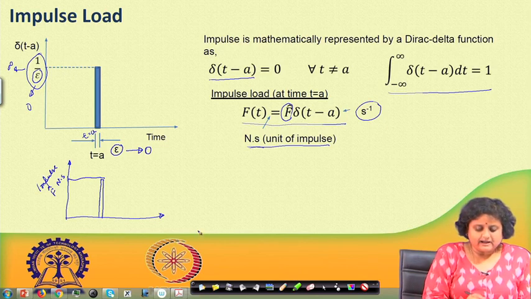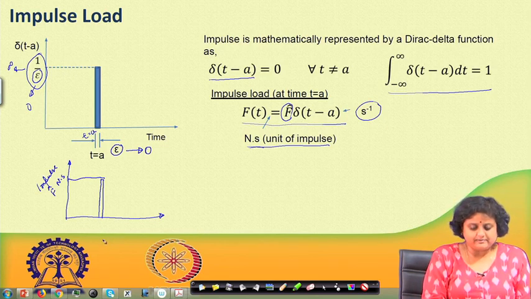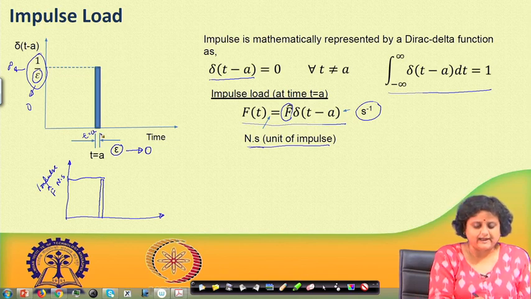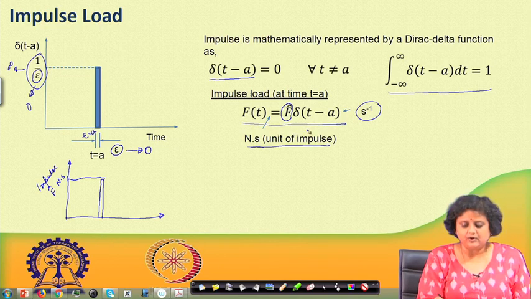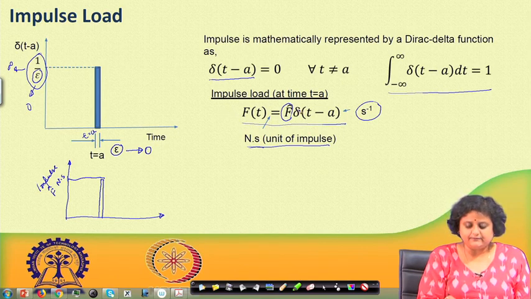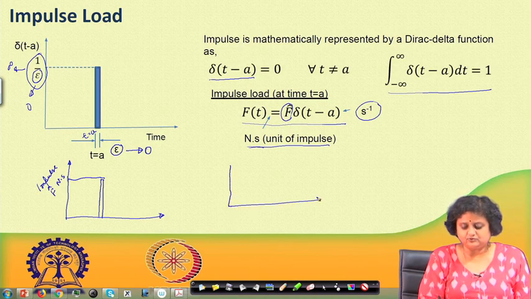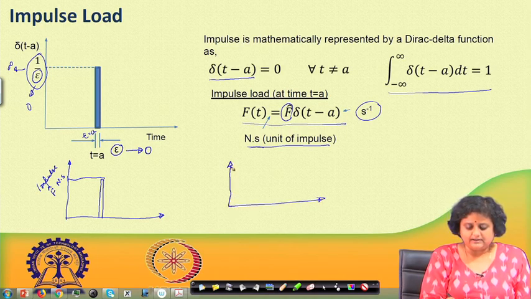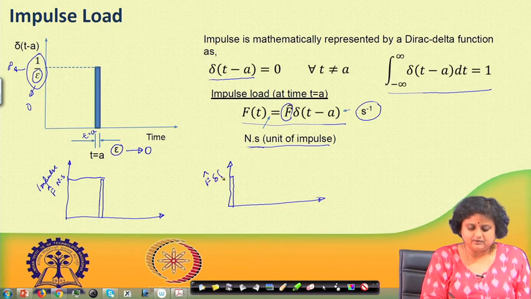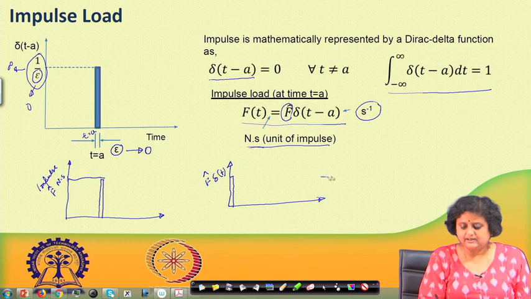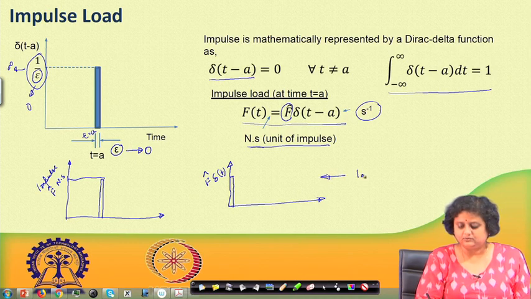The other point you should remember is that this impulse force is acting at t equals a. If we consider an impulse load acting at t equals 0, then the plot is going to look something like this. This is going to be F hat times delta of t, the impulse load at t equals 0.